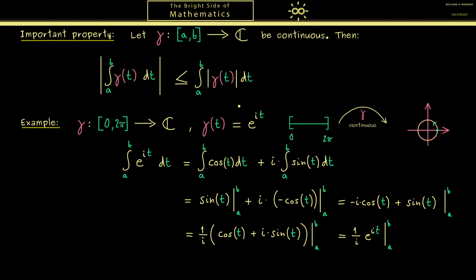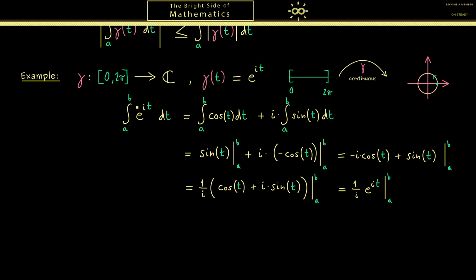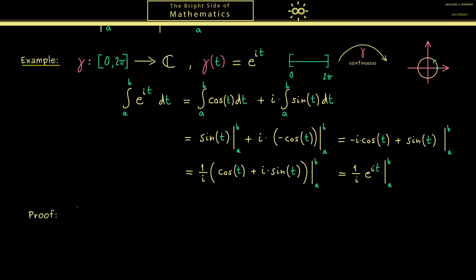Now, obviously, this statement here is correct when this integral here is 0. Therefore, we only need to consider the case that it is not 0. However, in this case, we can bring the integral to a real number. For this, please note, in general, this integral here is a complex number. And maybe for the moment, let's call it w.